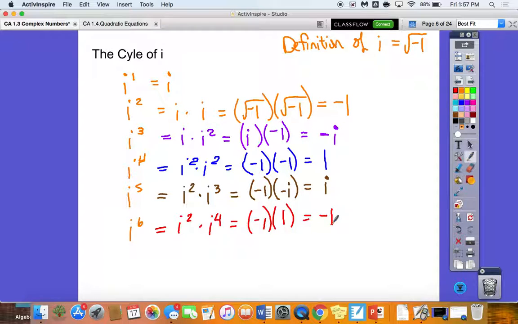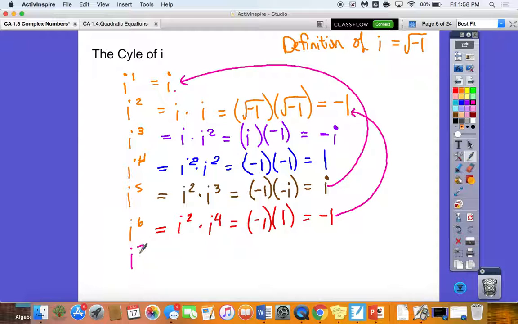Now hopefully you caught on to what was happening, because we've got a pattern going on here. We've got i, -1, -i, 1, and then i. This is the same. So what's going to happen whenever you do i to the 7th and you figure all this stuff out, you're going to figure out that it's this thing right here.